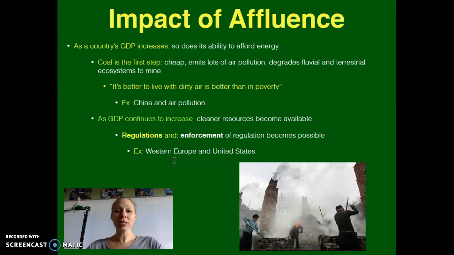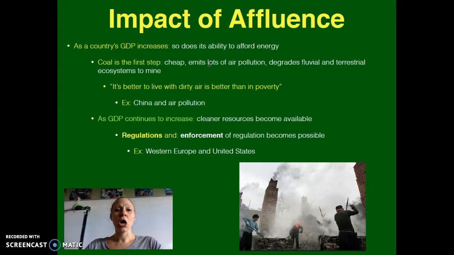And so the first step to affording energy, which is what we're seeing in China right now, is coal. And so coal is cheap, it's easy to burn. Unfortunately, it emits lots of air pollution. It degrades the river systems and the land when it's mined.